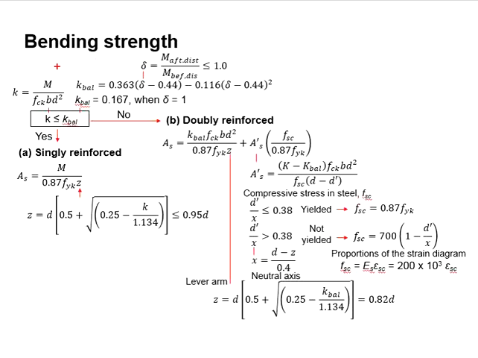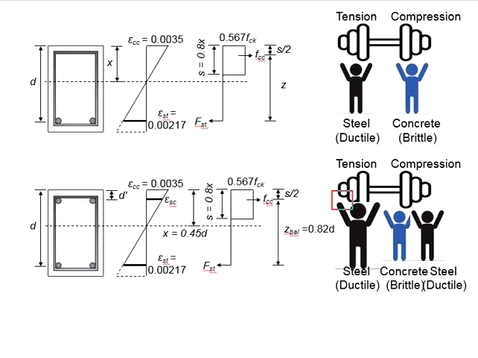Now let's say your moment is relatively large compared to the cross-sectional area of the concrete, so that the K now exceeds the K balance of 0.167. You are entering a state where the steel reinforcement will be larger than what can be taken by the concrete. In this case, you need additional compression steel to help the concrete on the compression part.